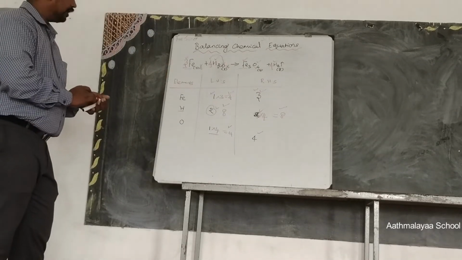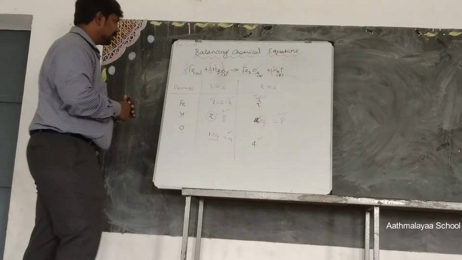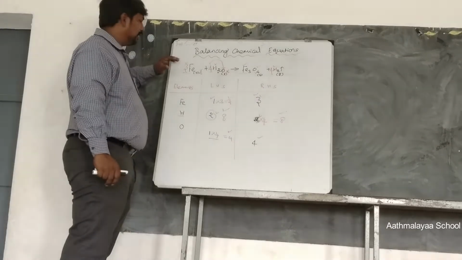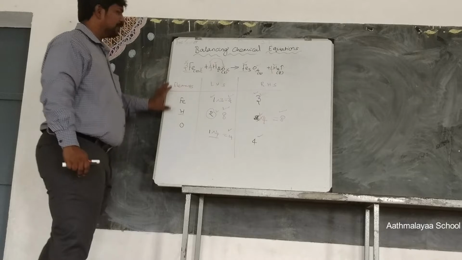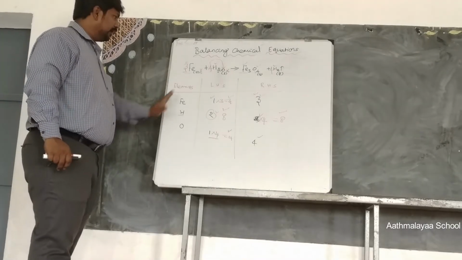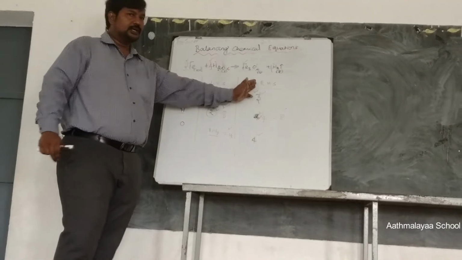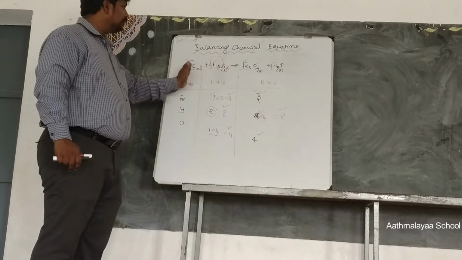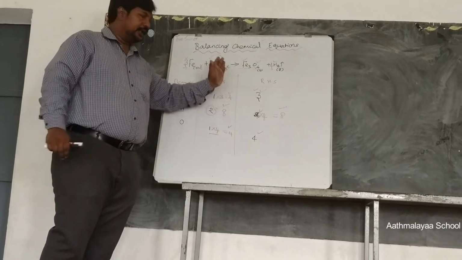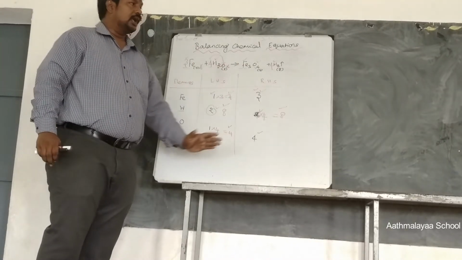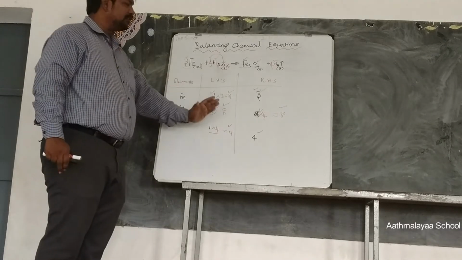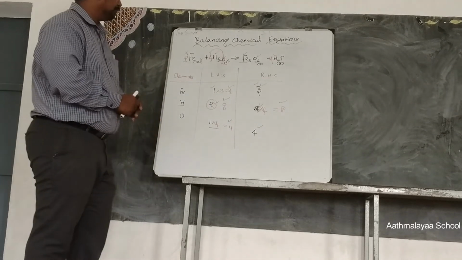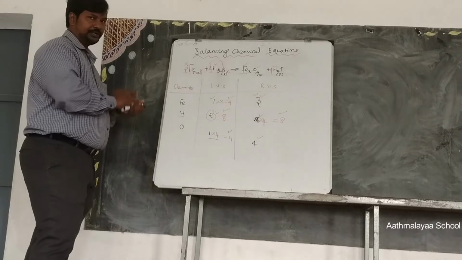So once again I am repeating this. First we have to write the elements present in the equation, and then LHS and RHS. First write the number of elements present on both the sides, LHS and RHS. And according to the law of conservation of mass, we have to make some changes. Right. So this is a simple equation.